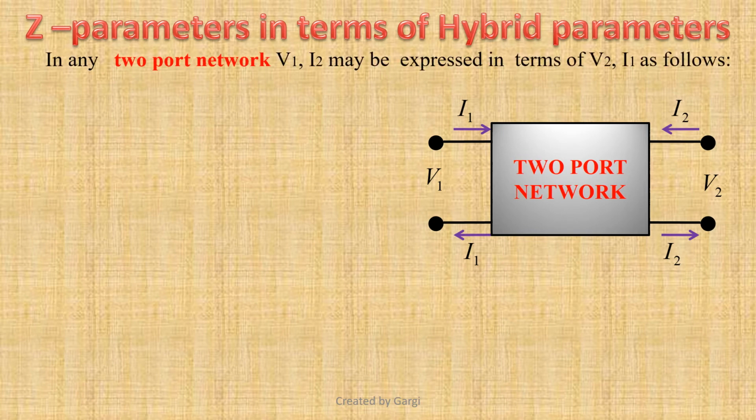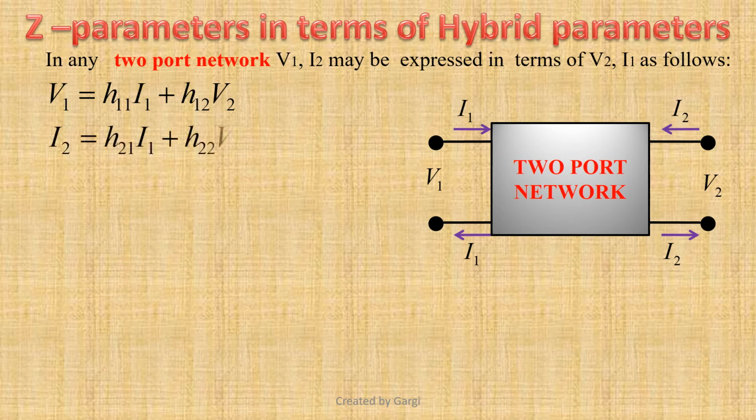The linear equations used in this case are V1 equals H11 I1 plus H12 V2 and I2 equals H21 I1 plus H22 V2. By rearranging equation number 2, we can write V2 equals minus H21 divided by H22 times I1 plus 1 upon H22 times I2.